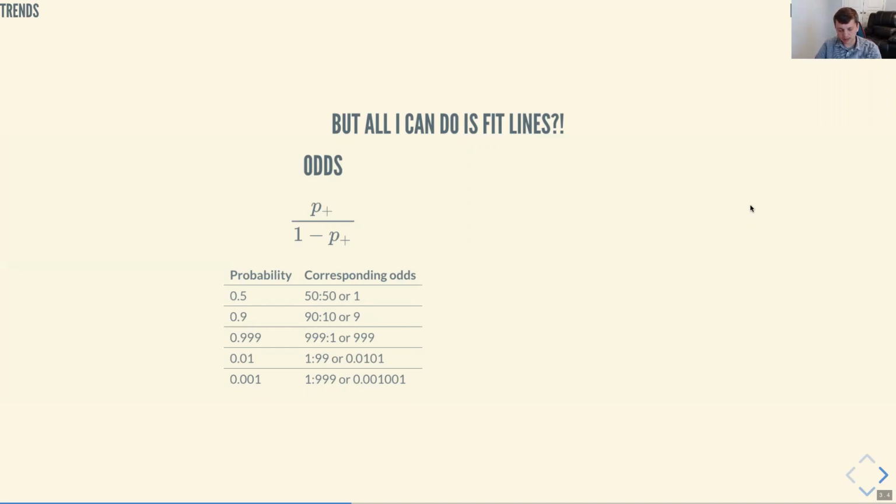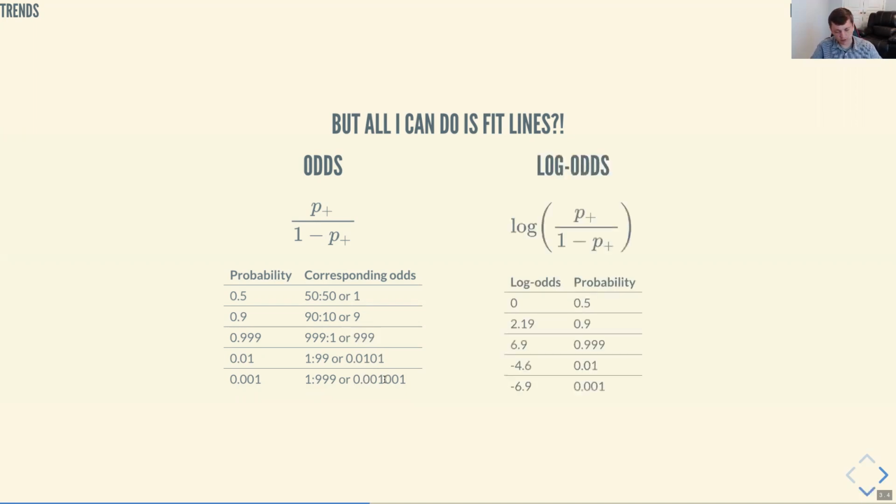They can have any number of values. Do you see my mouse? It can be as small as you want, and it can be as large as you want. So that's not too comfortable. But if we take the log odds, then we get a nice representation.